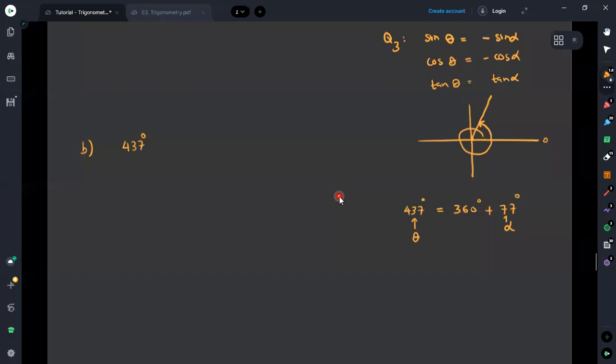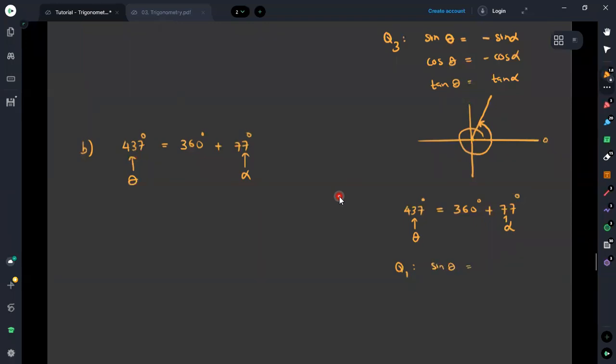Therefore, 437 degrees can be written as 360 degrees plus 77 degrees, where 437 is mentioned as theta and 77 is mentioned as alpha. Now this falls into the first quadrant. Therefore, in the first quadrant, what we know is that all have the positive sign.